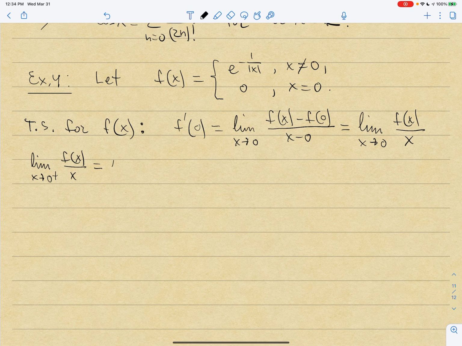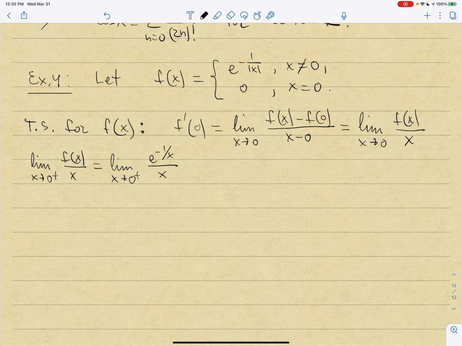That's the limit as x goes to 0 plus of e to the minus 1 over absolute value of x. I can drop the absolute value sign because x is positive, so you'll get e to the minus 1 over x, divided by x. All right, so we have this.